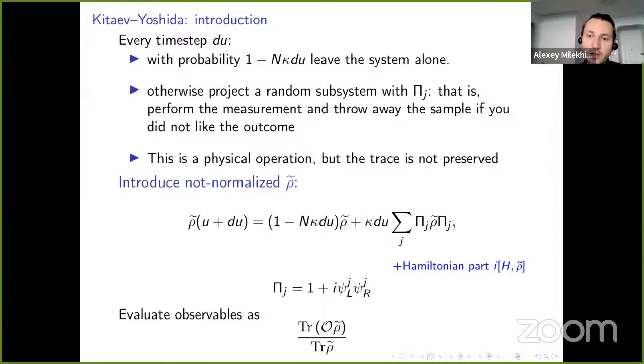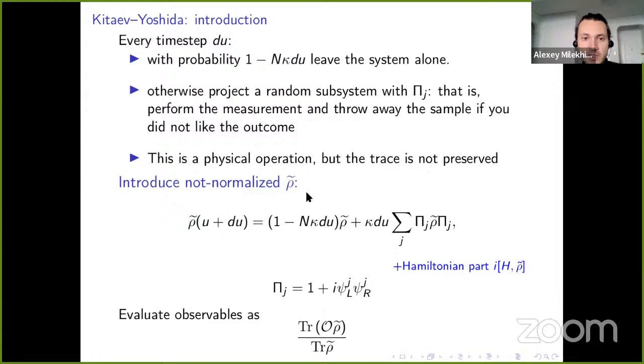So suppose only 2 samples survived this post selection, and you want to measure some observable O in this ensemble. You will measure it in only the 2 remaining samples, and you will divide by 2 because only 2 samples remained.